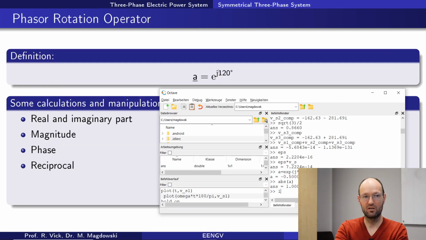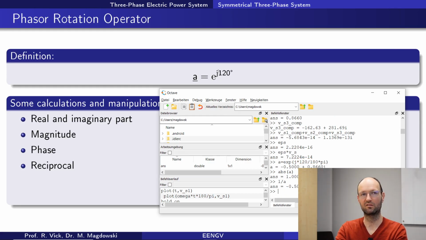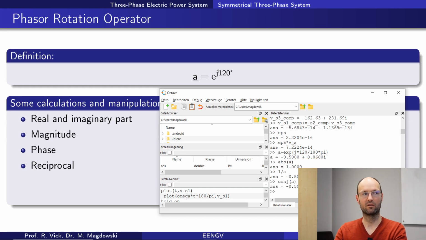So if we take 1 over a, negative exponent means we should get the same real part but the negative imaginary part. And negative exponent also means complex conjugate. So if I take the conjugate of a, it's the same thing.